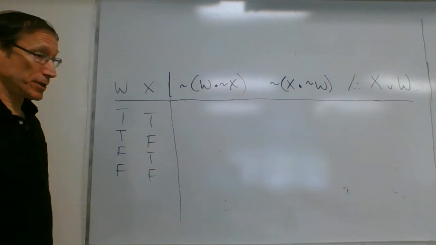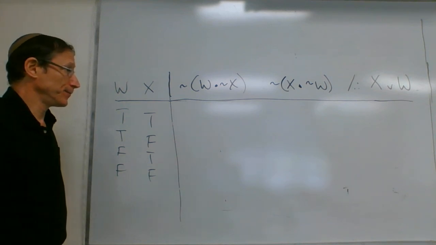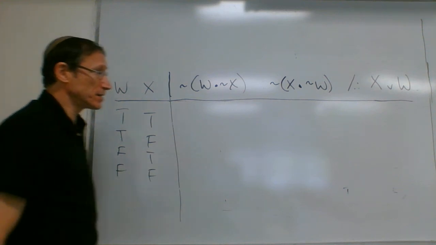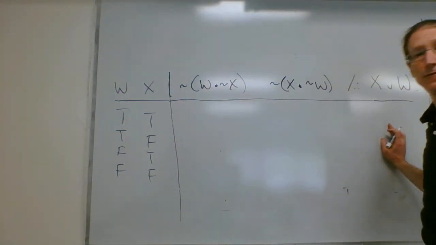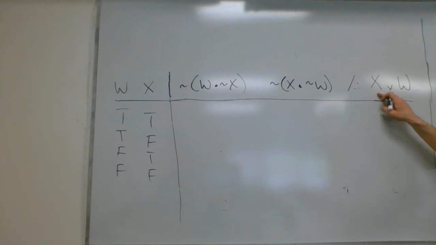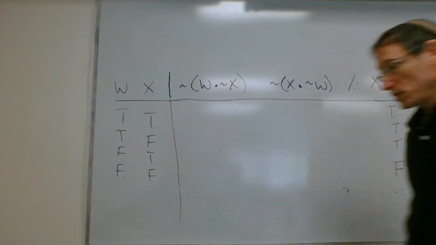To do a shortcut method on this, I would say to myself, look, X wedge W is going to be true. This actually is a good example for a shortcut method because X wedge W is going to be true, true, true. It's only false on the bottom row, correct?